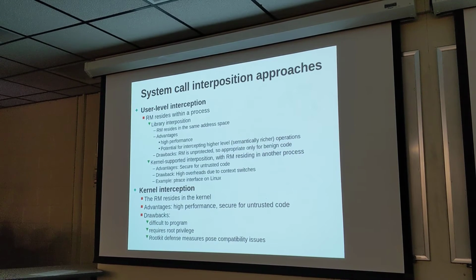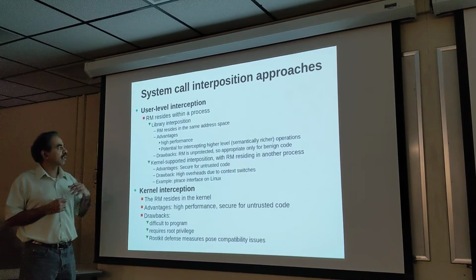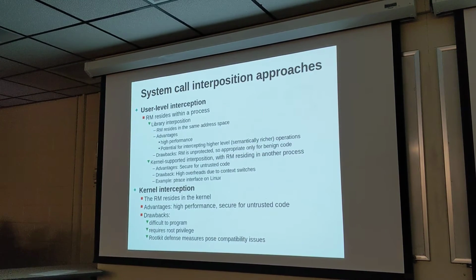In the same way, if you're writing a checker that runs in the kernel, it may make the kernel much less reliable. Whereas if you run it in the user space, the risk is much smaller.